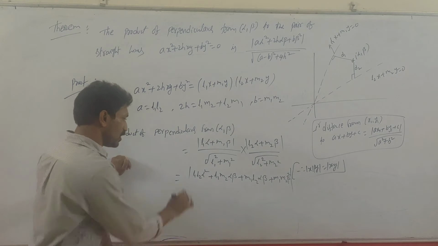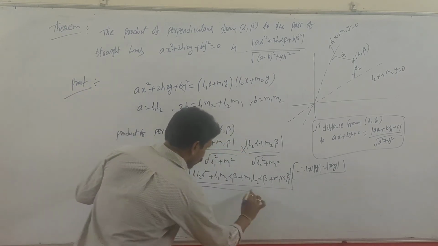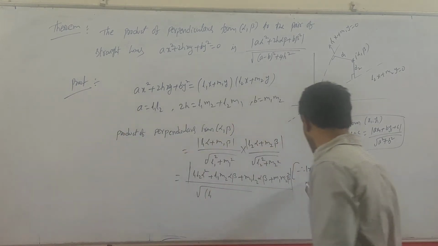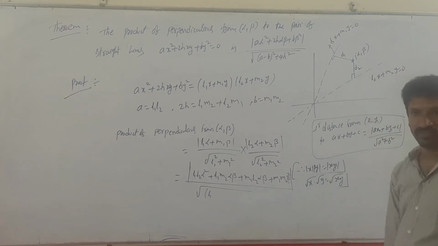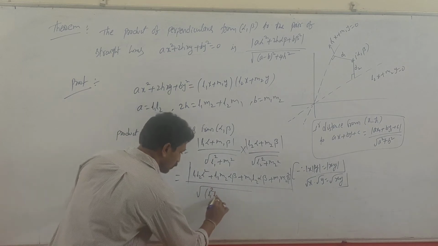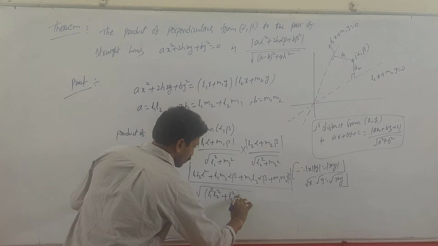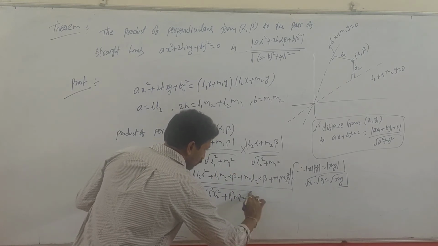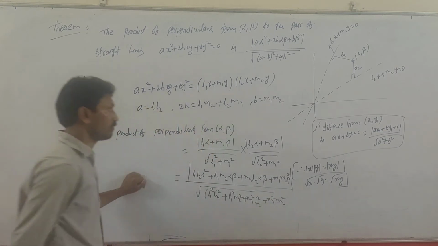So now you write modulus by root over L1 square, same, root x into root y is nothing but root xy. So directly multiply: L1 square L2 square plus L1 square M2 square plus M1 square L2 square plus M1 square M2 square.